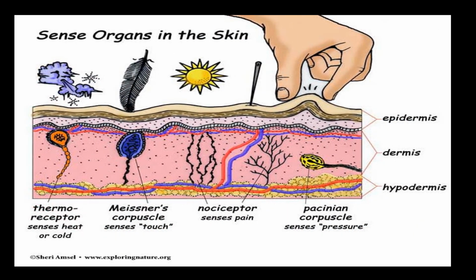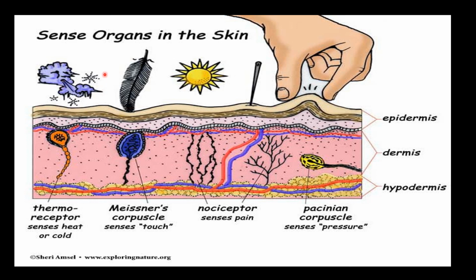Now, the most important thing about the skin, as I have told you before, is that it is one of the sense organs. So it is a sense detector of heat, pressure, touch, temperature like hotness and coldness.